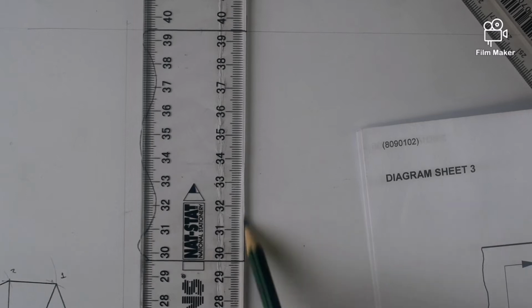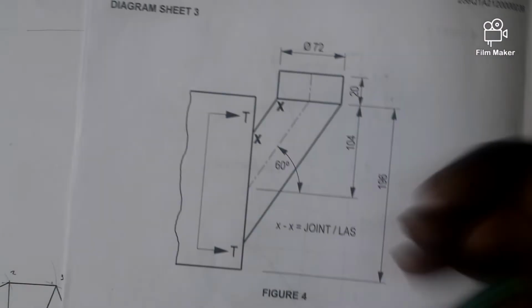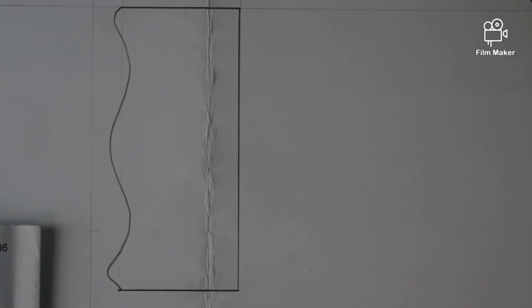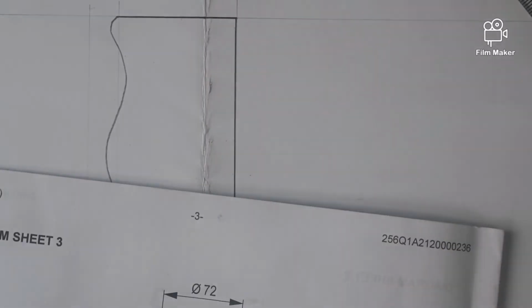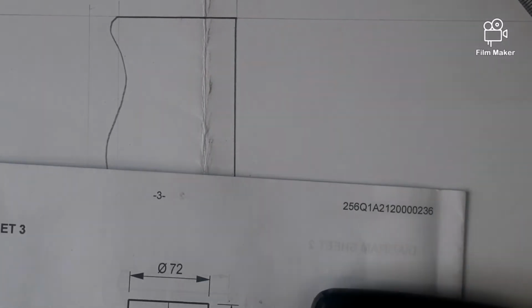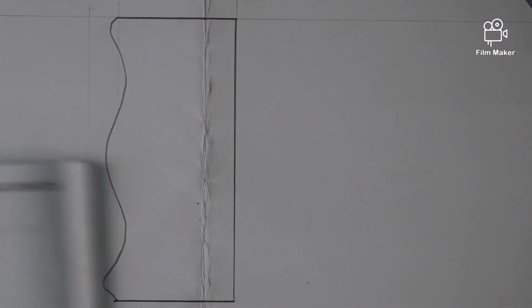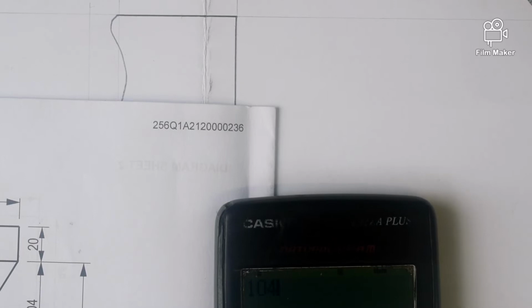From here, going up, which is this one. Then from here going down, diameter. I think I was supposed to draw it down just a little bit. Okay, but I'll see that 104 divided by 2, 52 millimeter.